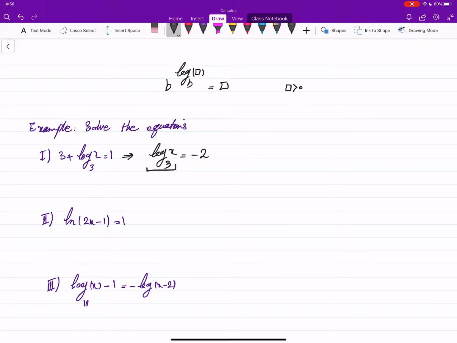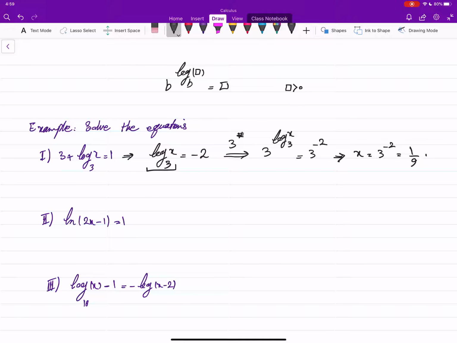To get rid of log base 3, you can put both sides as the exponent of 3. So it will be 3 to the power log x base 3 equals 3 to the power negative 2. And well, use the inverse function property. This will give us x. This is 3 to the power negative 2, which is the same thing as 1 over 9.